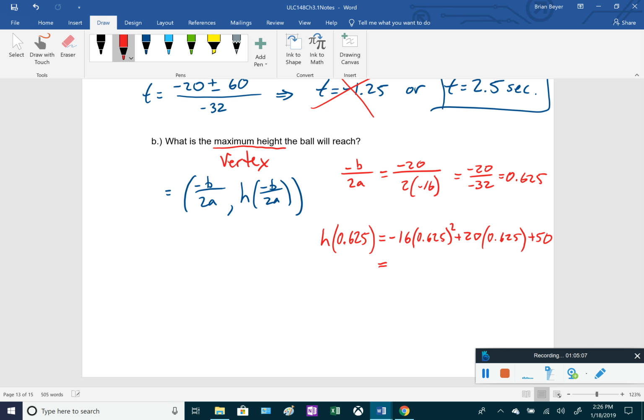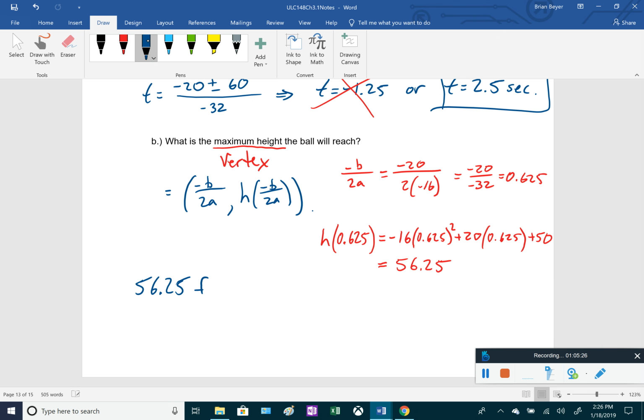If we simplify this, making sure order of operations is correct again, we would get 56.25. Okay, so this is going to be our answer. It's going to be a maximum height, which is the y-coordinate of the vertex, of 56.25.